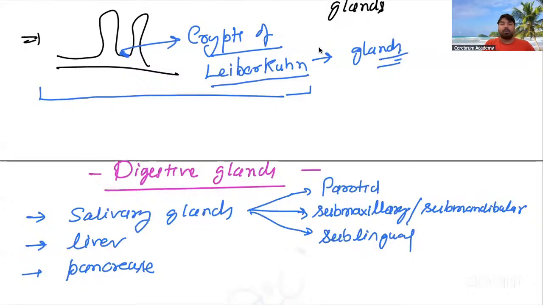So there are three types of gland. Parotid means they are located here in the cheek. Submaxillary means below the maxilla. Sublingual means below the tongue. Understood?